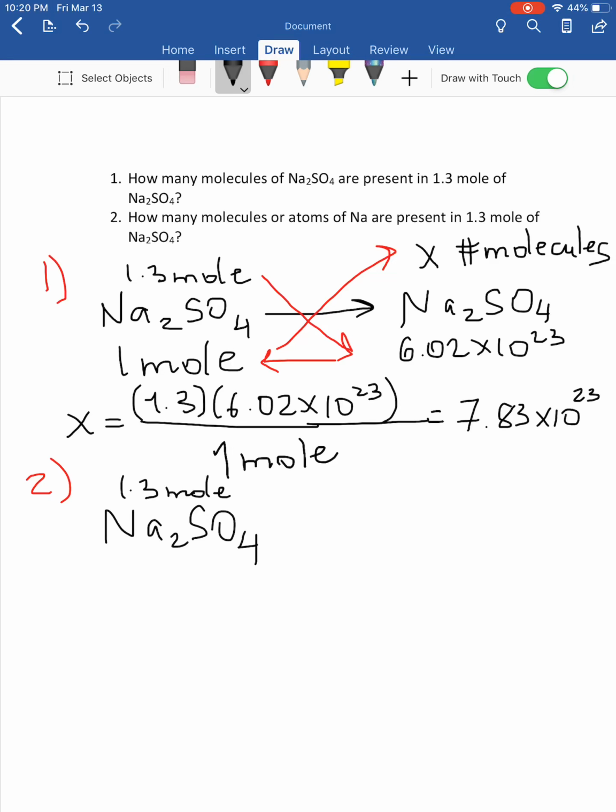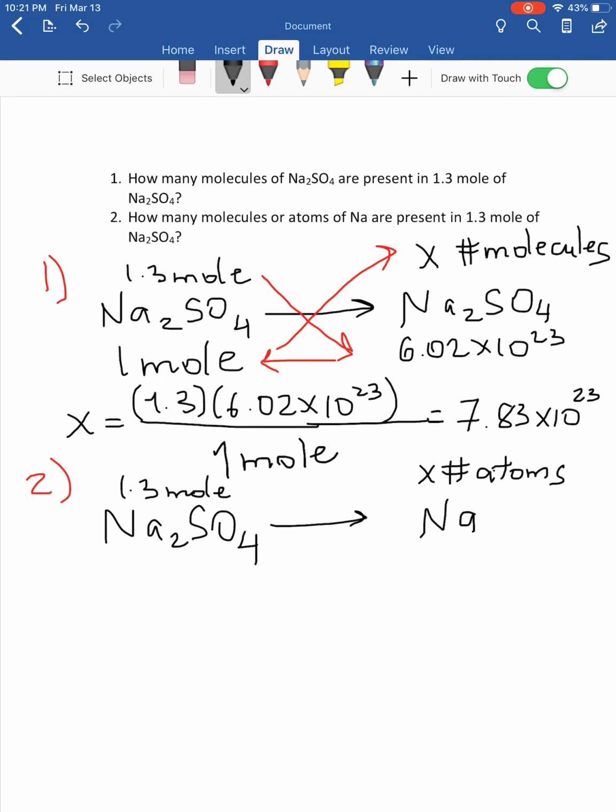So we're going to put the arrow. What we have to find is sodium. Now it's not the sodium molecule, it's not the molecule of sodium sulfate, it is the sodium atom. So we have to find the number of atoms, x.